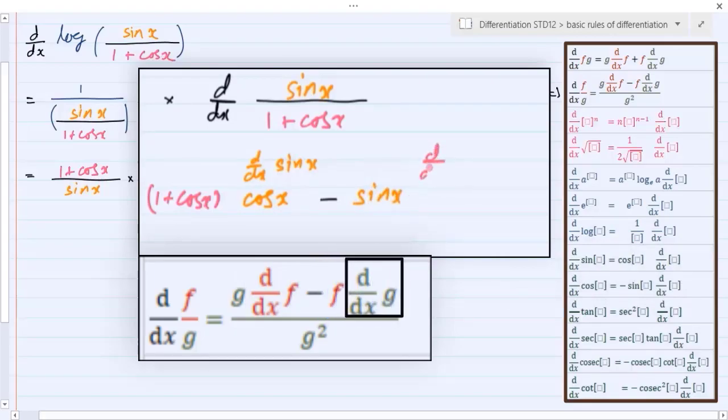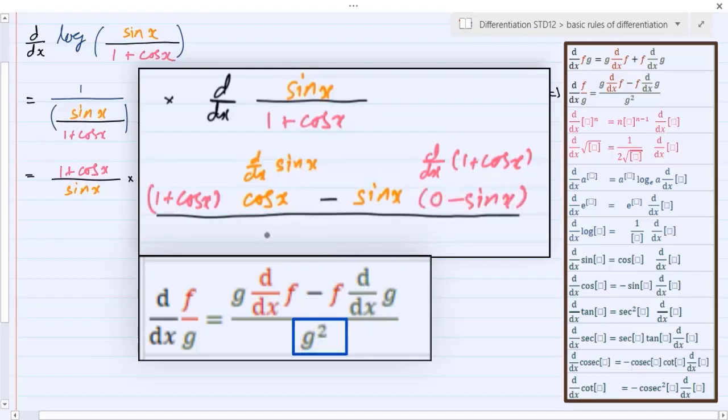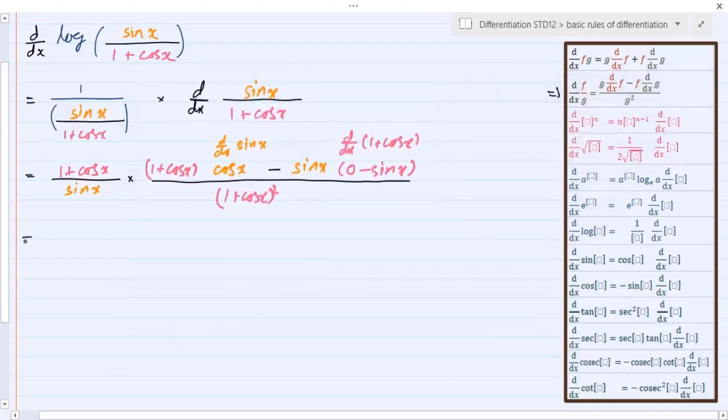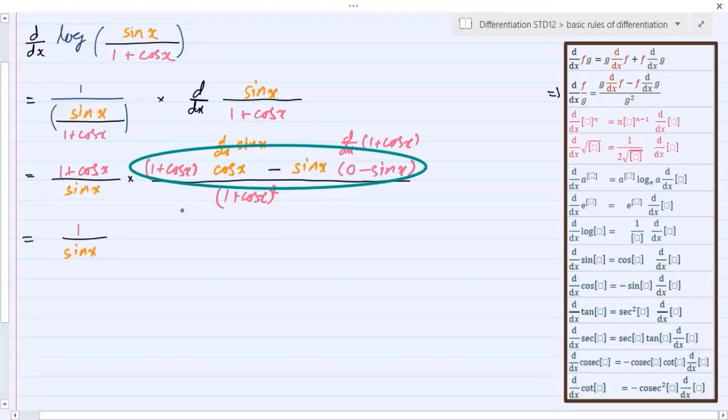We have to differentiate your denominator, and differentiation of 1 plus cos x will be 0 minus sin x, whole divided by 1 plus cos x the whole square. Now one power of 1 plus cos x, 1 plus cos x will cancel out, so we will get 1 upon sin x. Now to simplify our numerator, let's open all the bracket.